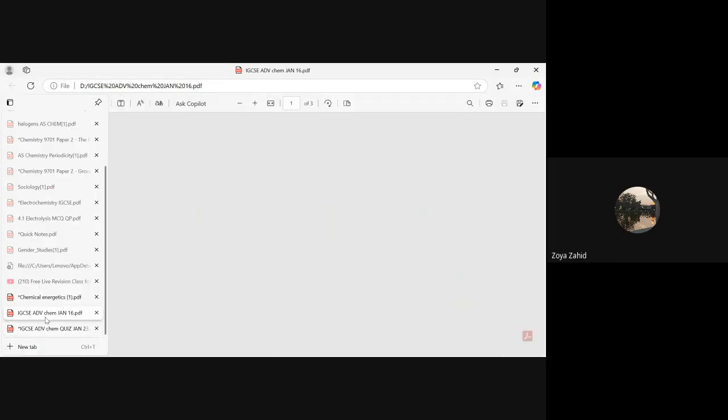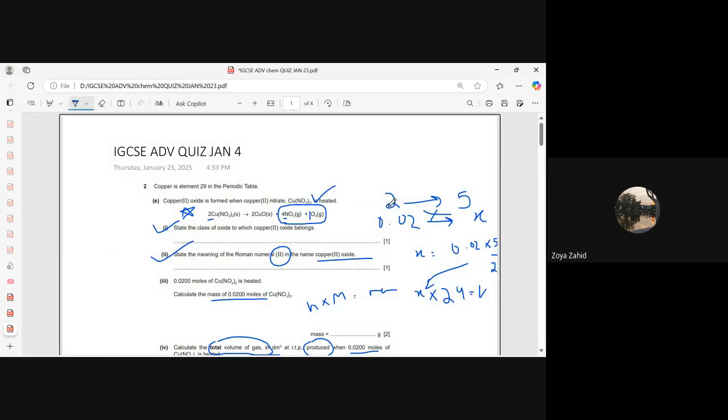Miss, I wanted to ask if oxidation state is the same thing as the valency. Oxidation state is basically, you can say in this way, that you can determine valency by looking at the oxidation state. But oxidation state particularly is for the transition elements, and we mention this as Roman numerals within the bracket.